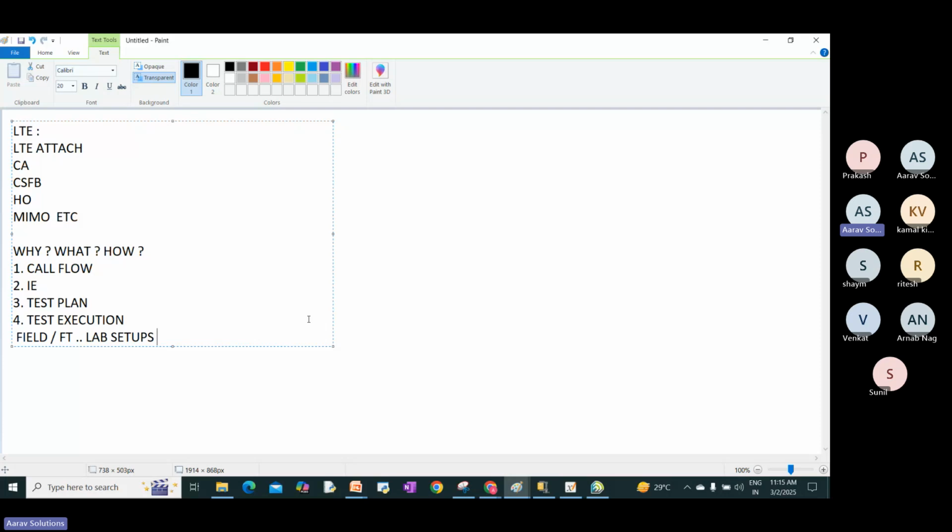This is the exercise we will do. We will understand all these points with respect to every feature, throughout our journey, whether it is 4G, 5G, or whatever technology we are trying to understand. Every feature we will understand in the same manner.